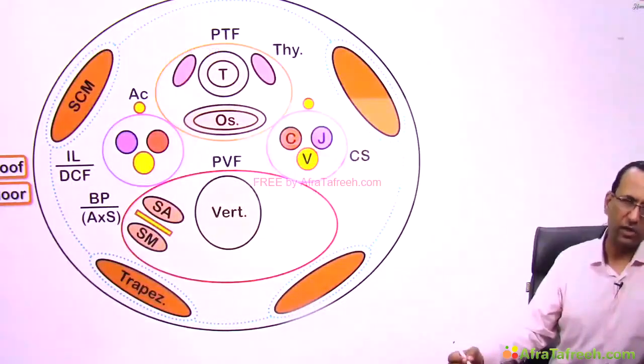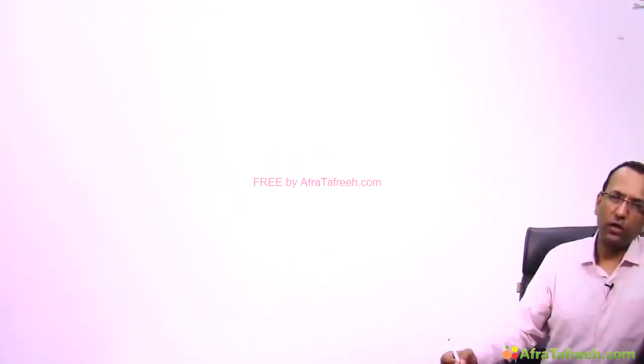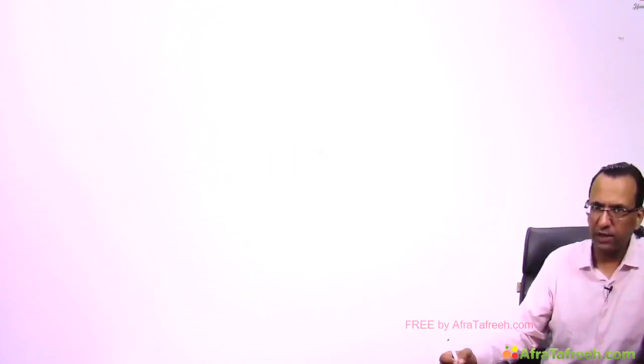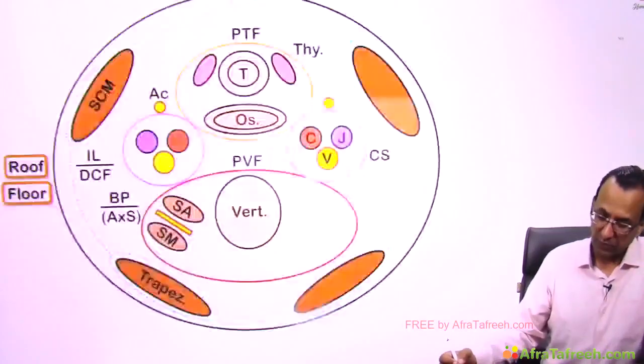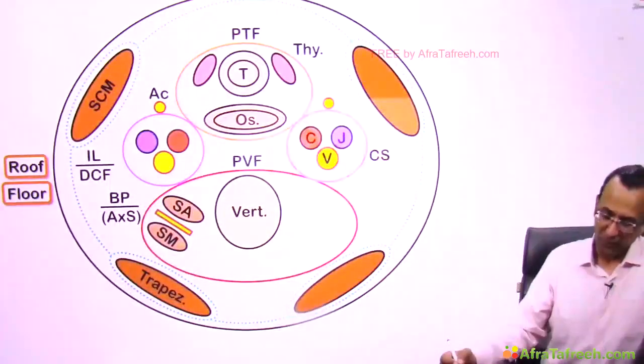It is actually a transverse section of the neck. Again, you see, finally we are going to draw a transverse section of the neck and revise whatever we have discussed till now, the fascia, the spaces, the nerves, everything almost. So this is the diagram which we are about to draw, and let us do it.